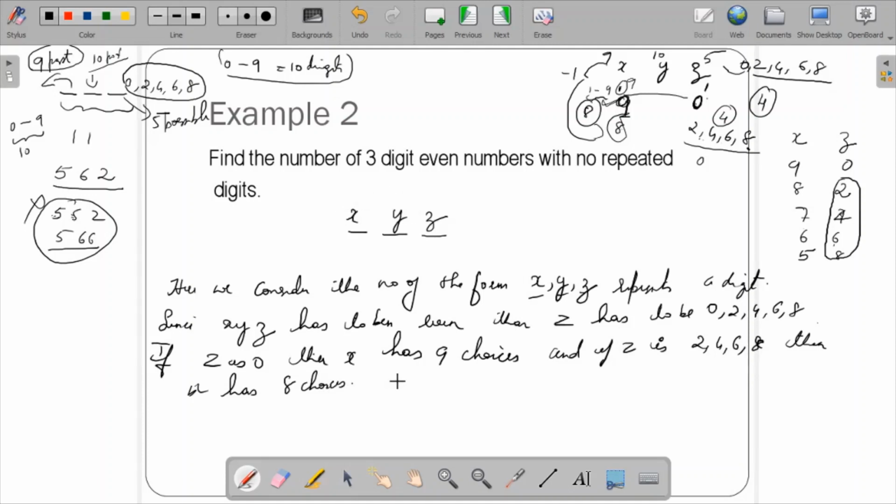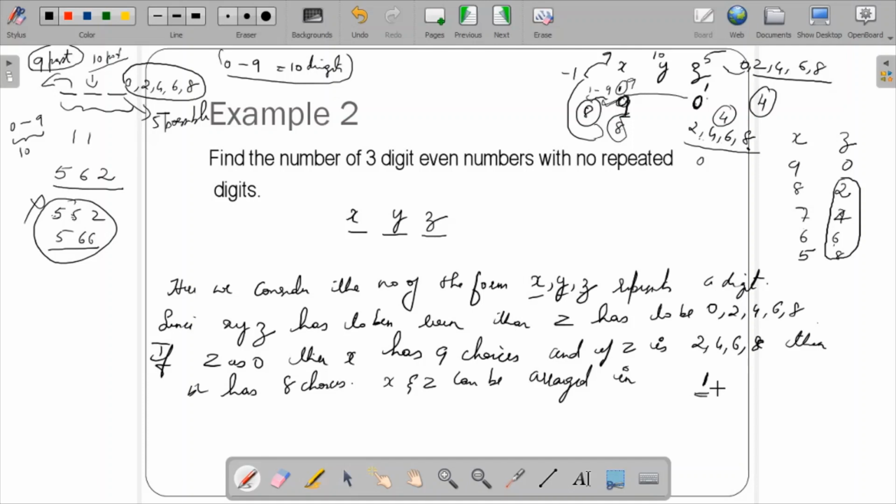So X and Z, or Z and X, can be arranged. When Z is 0, it is only one arrangement.